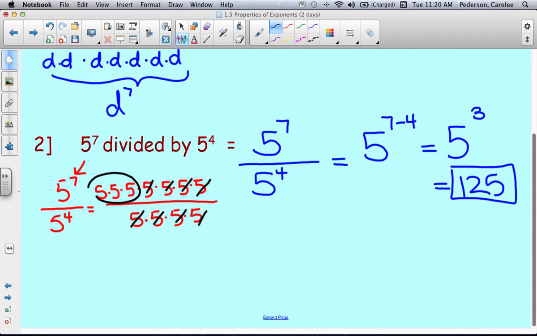What do I have left? I have 5 times 5 times 5, or 5 to the 3rd, which is 125. What we want you to do is to use the properties. Use the steps that I start off with in the blue.